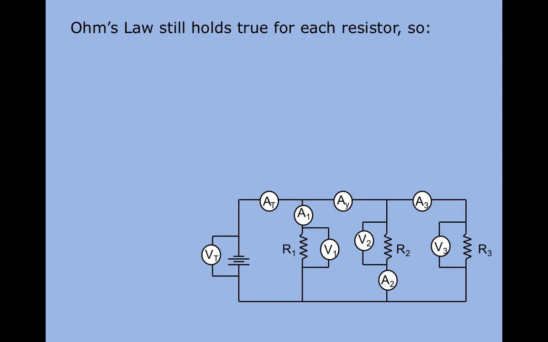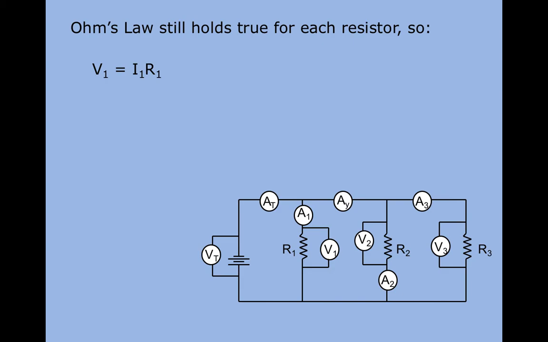So we are going to analyze the other values in here. What I want to find is the current that's going to travel through each ammeter that's in there. And to do that, we're going to use Ohm's law. Remember, we use Ohm's law quite often. In this case, we're going to apply it to each individual resistor. So V1 equals I1 times R1.